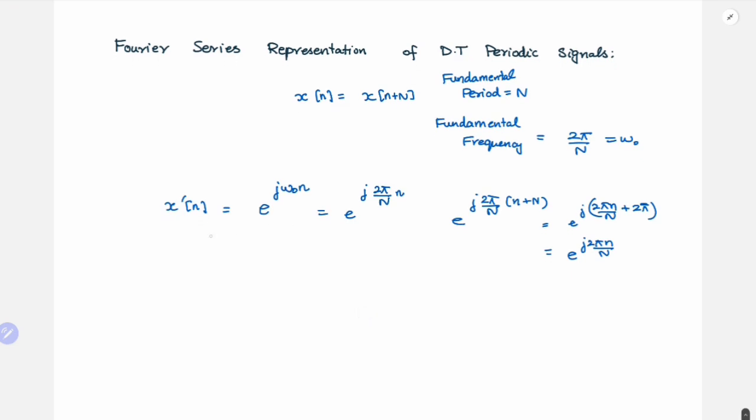So what are the other signals which have the period N? If I have 2 omega naught, which is 2 into 2 pi over N, that will also be periodic with period N. It will not be the fundamental period, but it is still periodic with N, right?